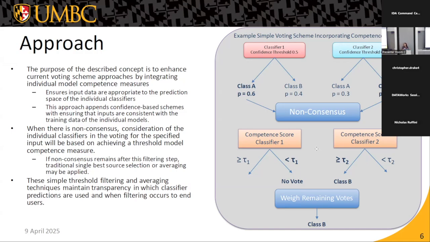So in this case, we filter out the vote for classifier 1, and we only allow classifier 2 to vote. And if multiple of them satisfy the competence score threshold, or neither of them, then we fall back to the traditional simple approaches. Either way, with this approach, we're able to clearly tell the end user which of the classifiers was used in the decision and why.